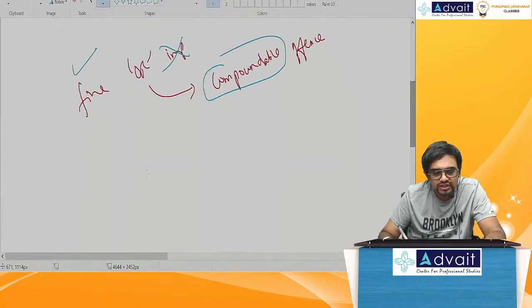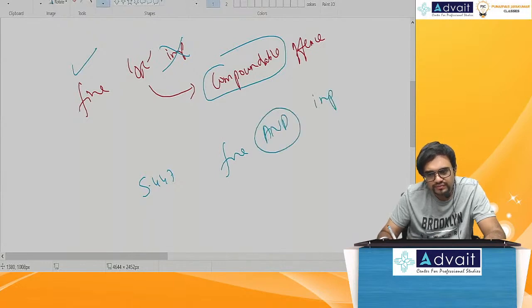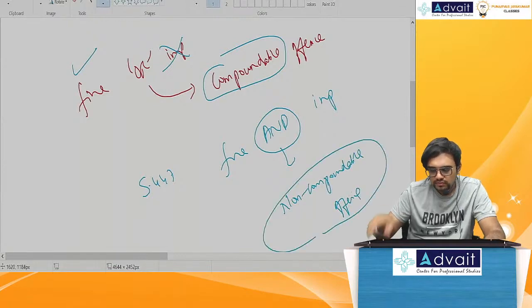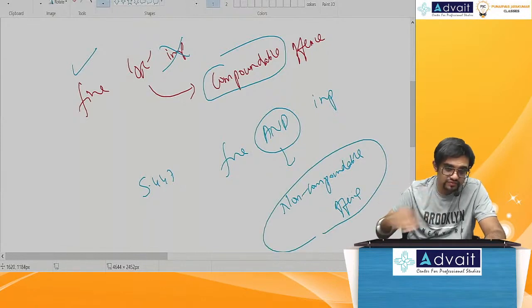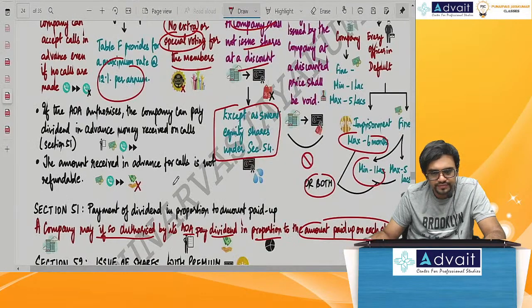But if you remember in section 447, they use the word fine and imprisonment. This is called as a non-compoundable offense. Can you escape imprisonment by paying fine? No. We cannot escape imprisonment by paying fine. This is a different thing. One, you can escape imprisonment by paying fine. One more, you cannot escape imprisonment by paying fine.